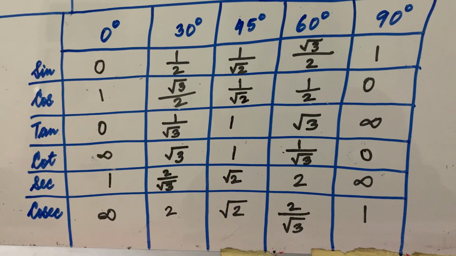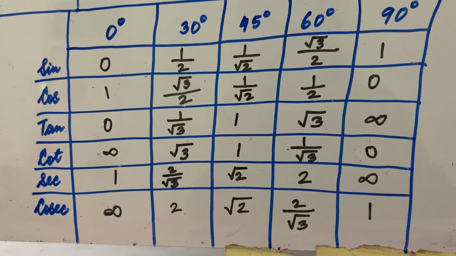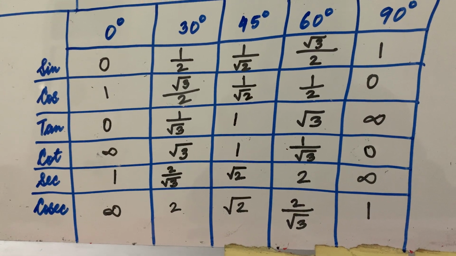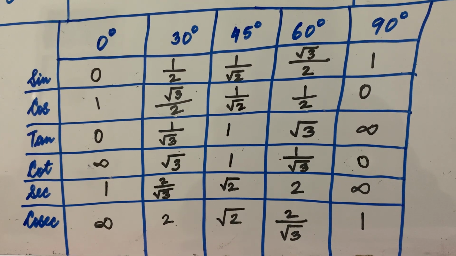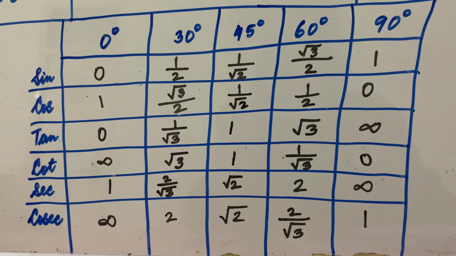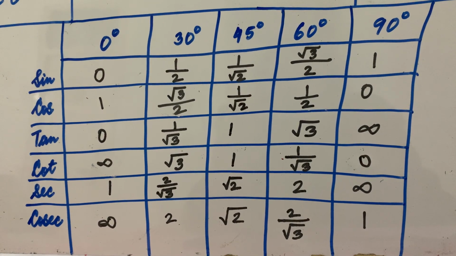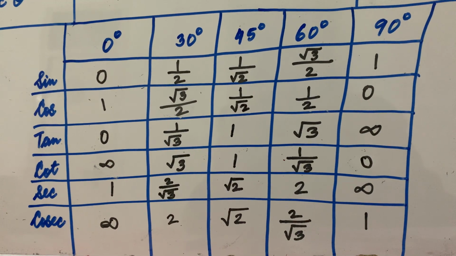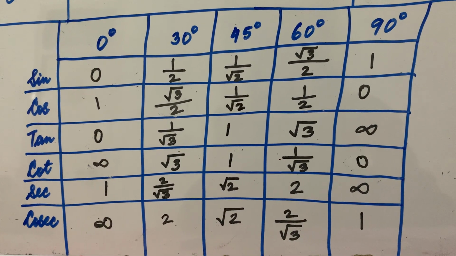Next is this table. We are finding out sine, cos, tan, cot, sec, cosec for the angles 0 degree, 30 degree, 45 degree, 60 degree and 90 degree. Now it might seem a little hard to remember all these numbers, but there is a very easy way to remember it. You just have to remember the sine values.